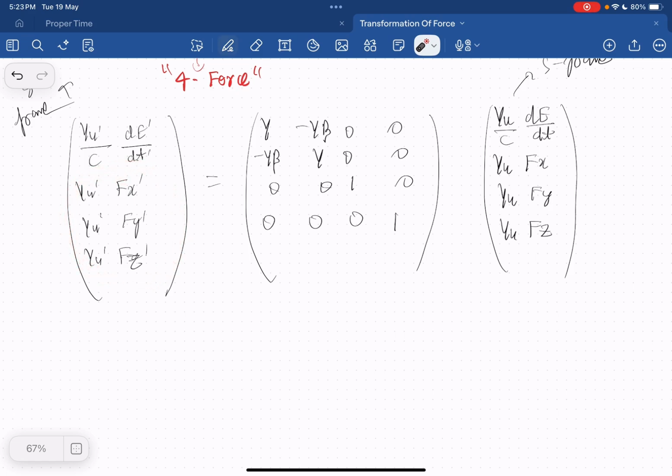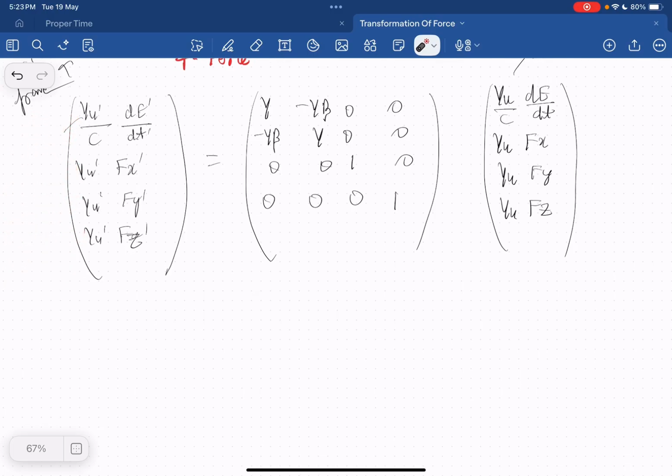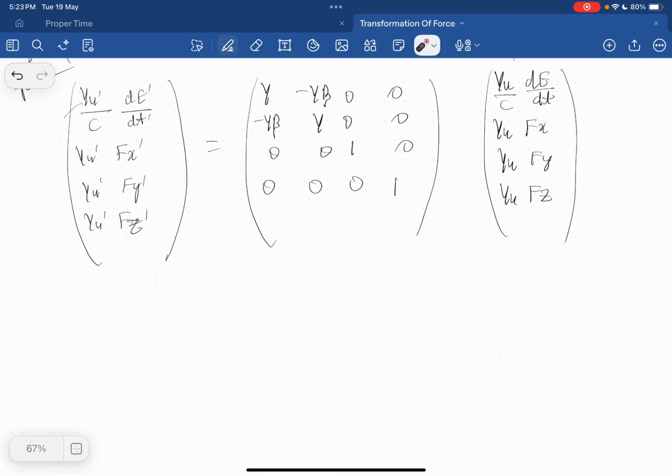So this is the 0th component, this is the first component, this is the second component, this is the third component. That's how we index them.